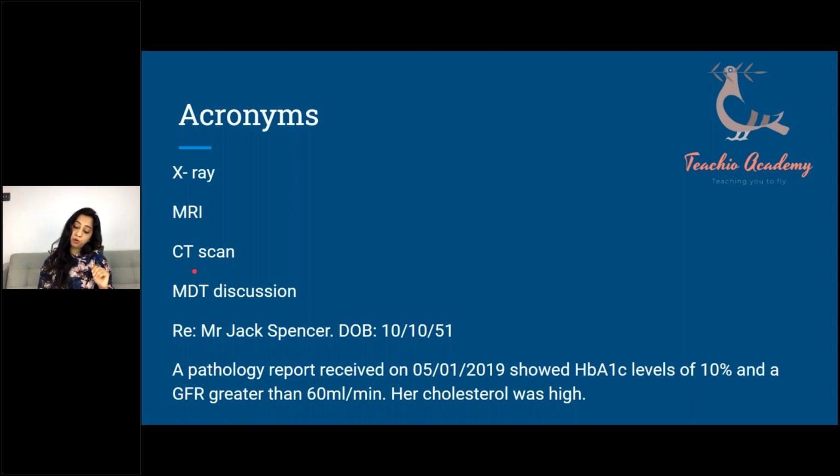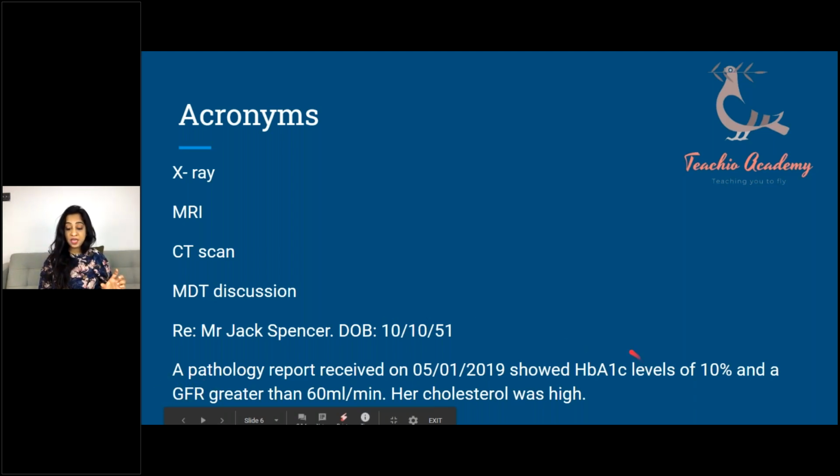Guys, if you don't know the full form on your OET and you want to mention something, for example, MDT, if you don't know that stands for multidisciplinary team, you would have to put that in capital as well. And things like GFR, so the glomerular filtration rate, if you don't want to use the full form, you still have to put that in capitals.